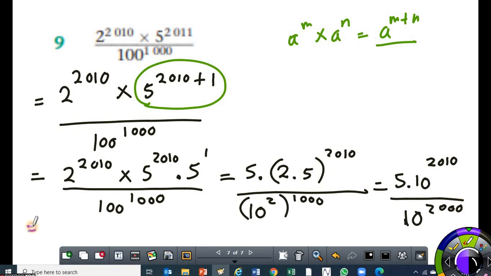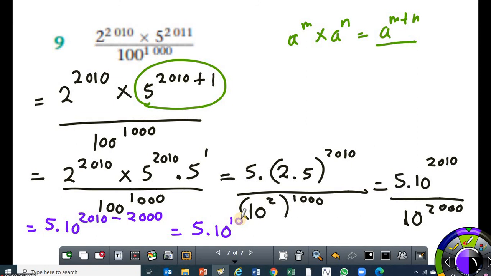So this becomes 5 times this 5 here times 10 to the power of 2010 minus 2000. I'm simplifying it. It's becoming smaller and simpler. Then this becomes 5 times 10 to the power of what? 10. You see that?